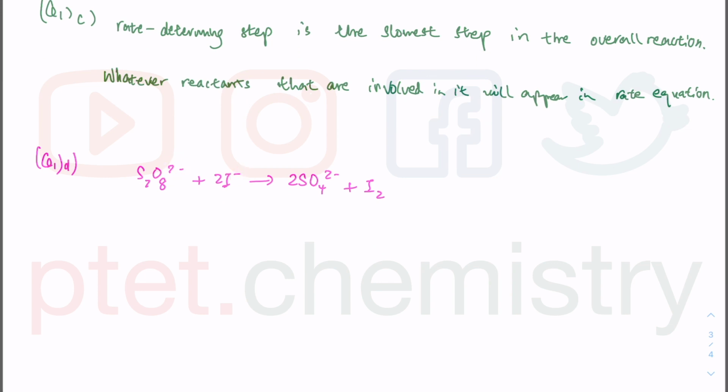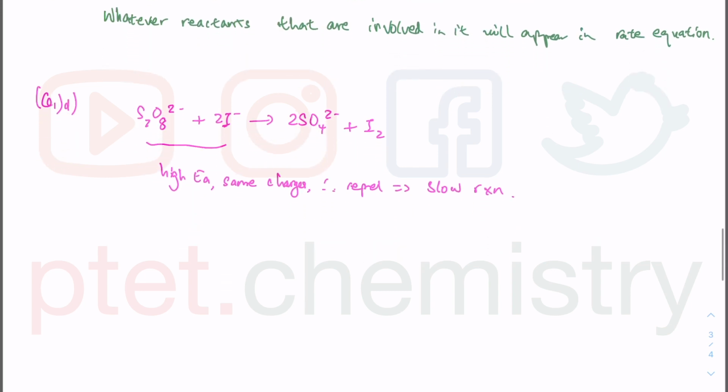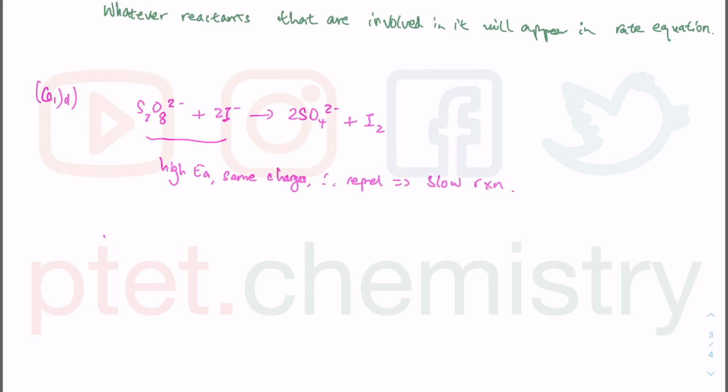The reaction is going to be slow between these two ions because they have high activation energy, since they repel. Same charges will repel, therefore slow reaction.